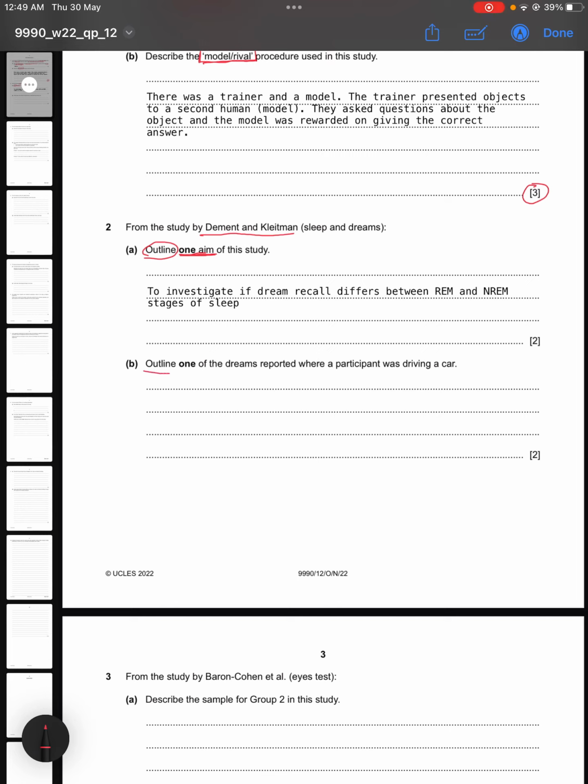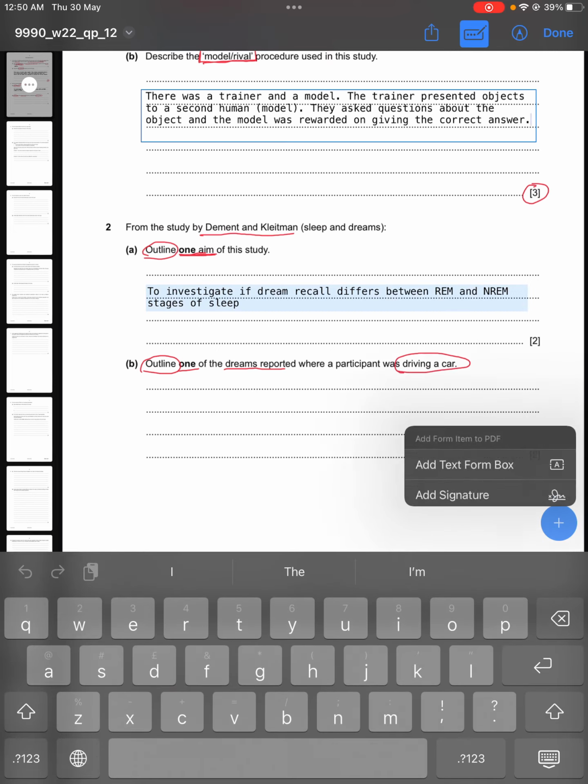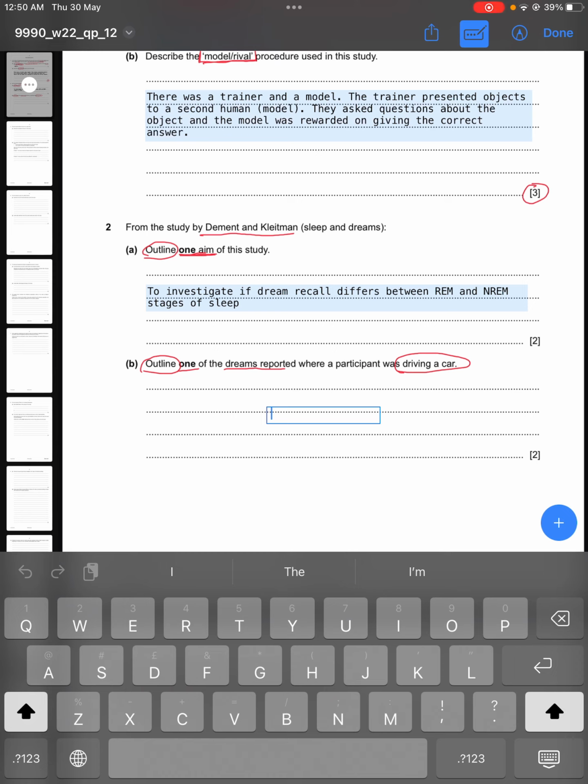And then part B says, outline one of the dreams reported where a participant was driving a car. So you need to report the dream recall where the participant was driving a car, what was actually happening in that dream. So you need to write 2 proper points to gain full marks, because you're going to get 1 mark for each point.